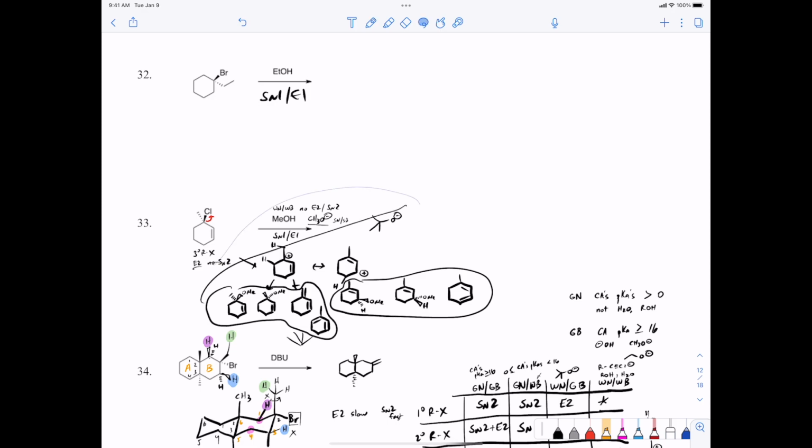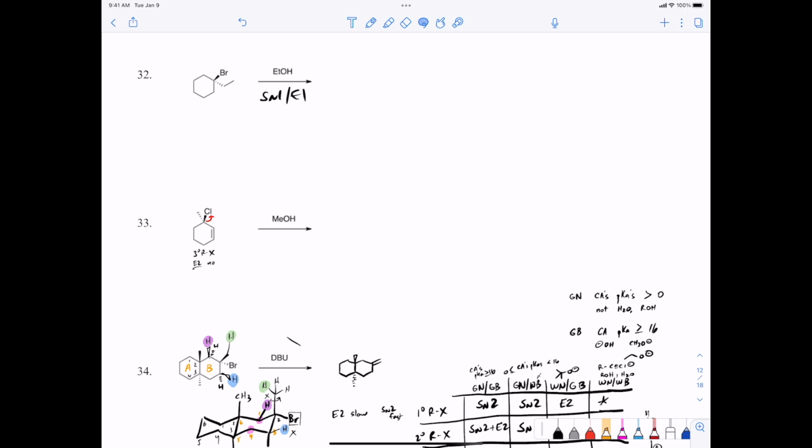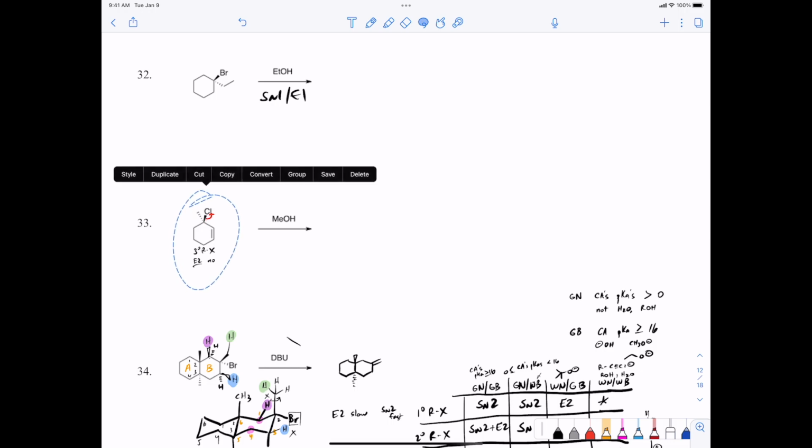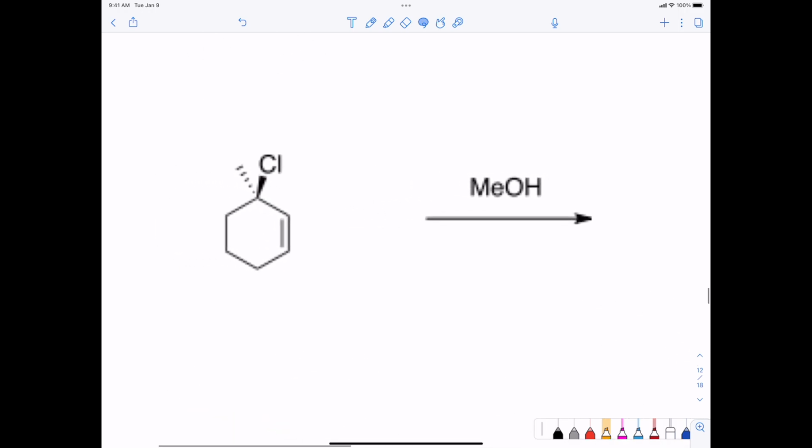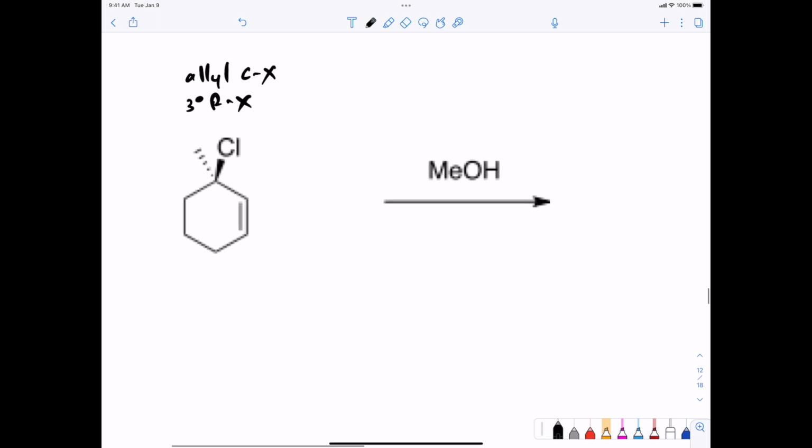Yikes, I've already solved it. We're going to delete all of my beautiful work. Right, so it's a tertiary alkyl halide, and I notice it's also an allyl alkyl halide. That is, the leaving group is on an allyl carbon adjacent to a pi bond. So that means there's going to be the possibility for a resonance stabilized carbocationic intermediate. I have here a weak nucleophile that's a weak base.